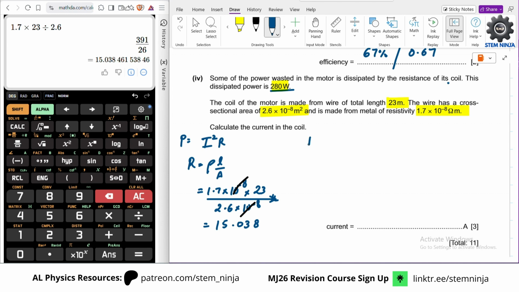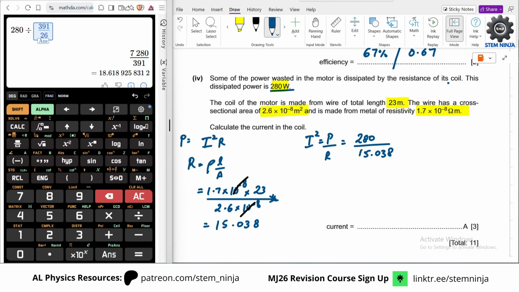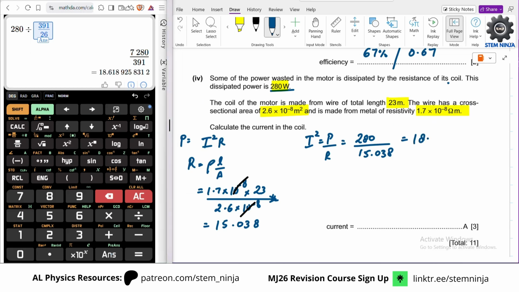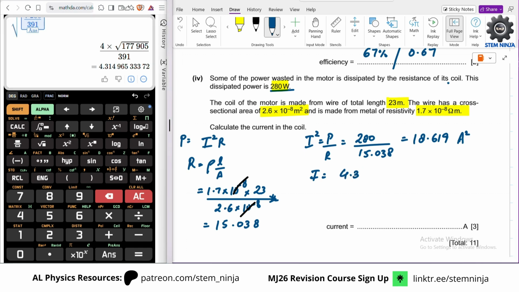So I squared would be P over R, 280 divided by 15.038. That gives 18.619 ampere square. So I would be the square root of the answer, and that would be 4.315 amps. So to two significant figures, 4.3 amps.